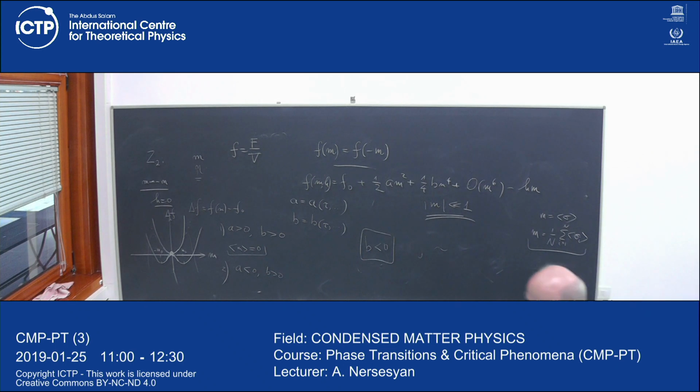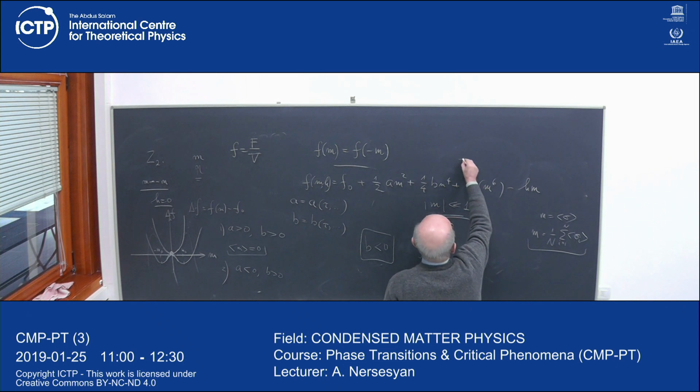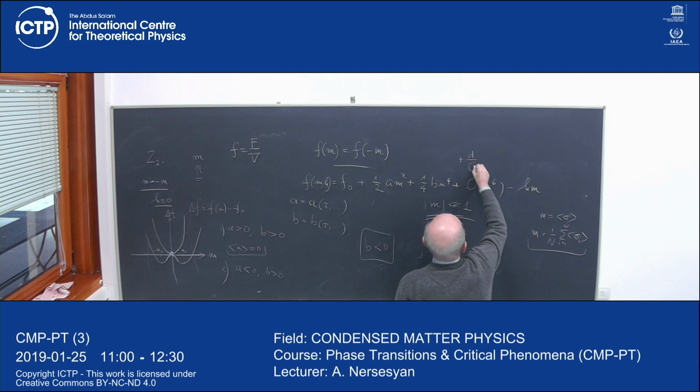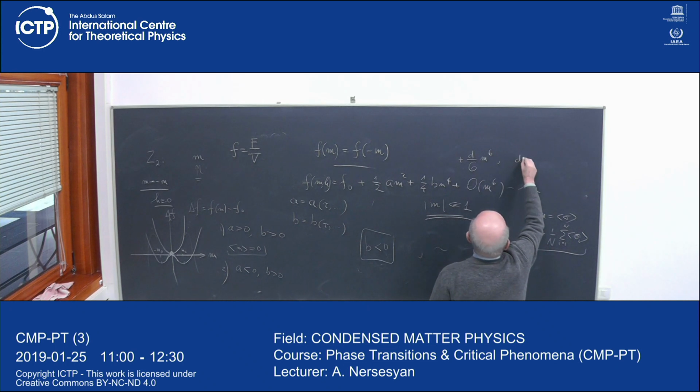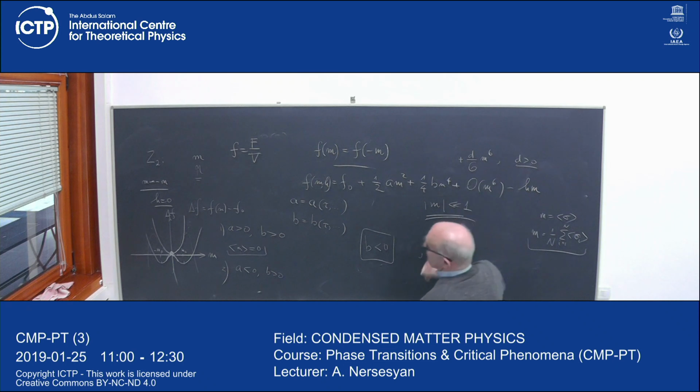You are perfectly right. Yes. At least I have to add one more term. It will be plus D divided by 6, m to the 6, assuming that D is positive. If D is negative, then I have to go even further.